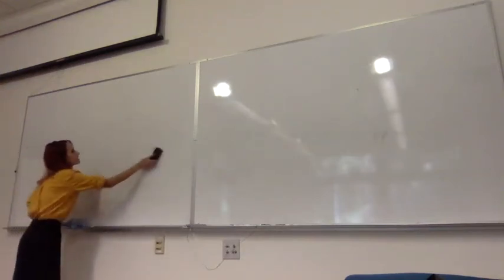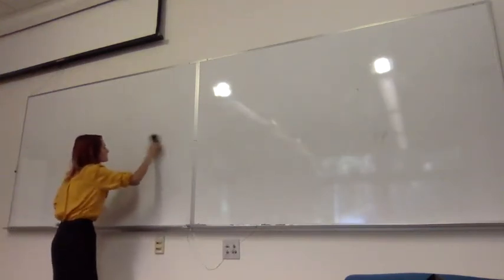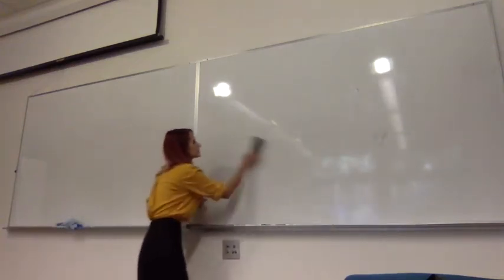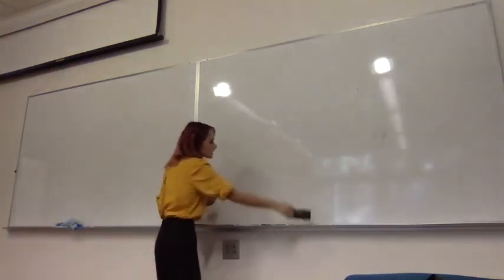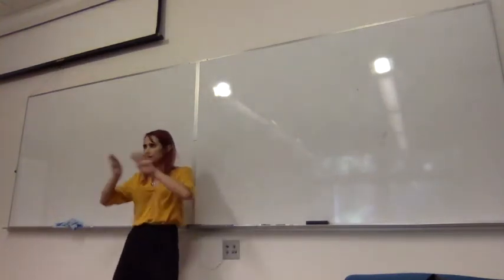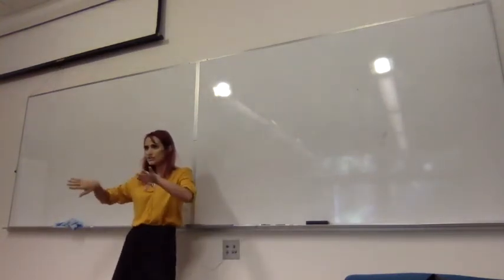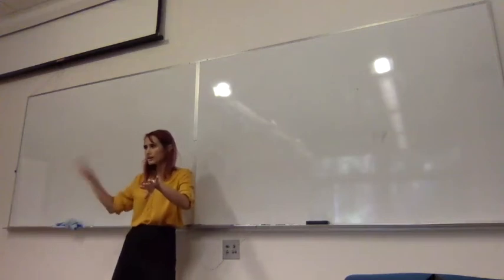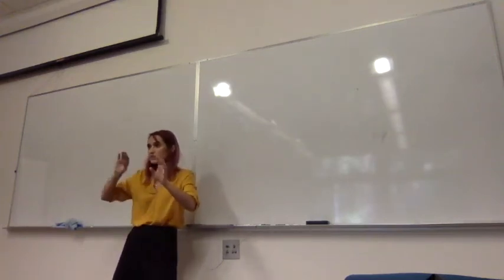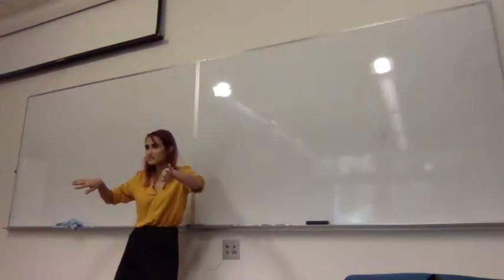So in this class, so far, at least, when we're talking about hot things, you want to separate them into two different categories: hot gases and black bodies, or hot gases and everything else.